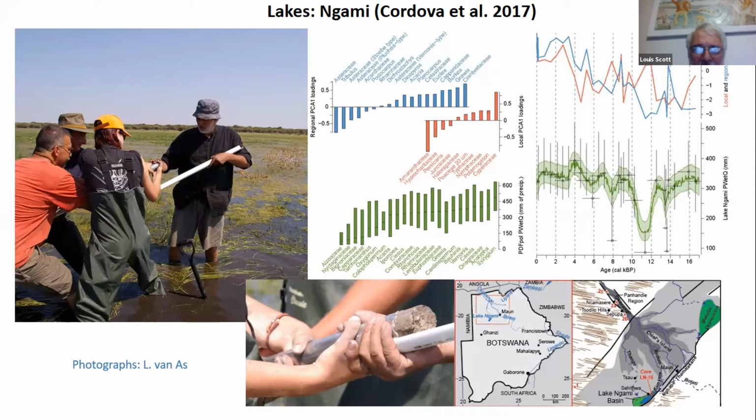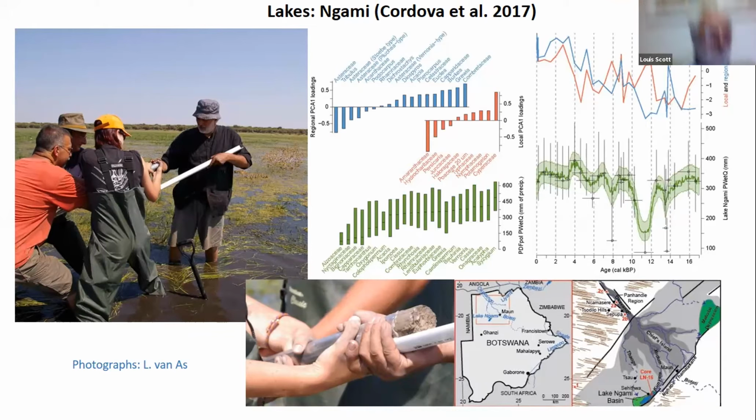Here friends of ours like Brian Chase and Manuel Chevalier helped us, but you can see we had to use different ways of interpretation because of the problem you have with long distance transport, and then the separation of local elements from the regional pollen from the area and the surrounding savanna.